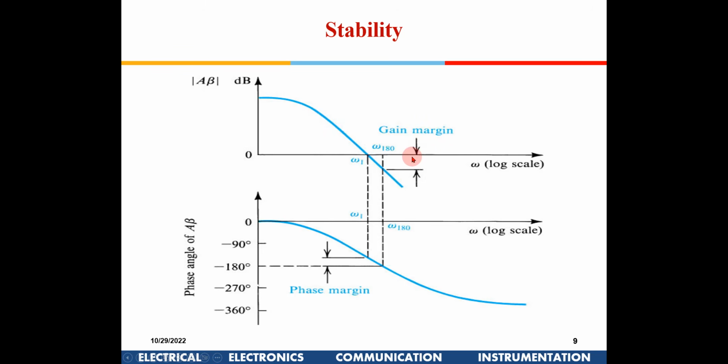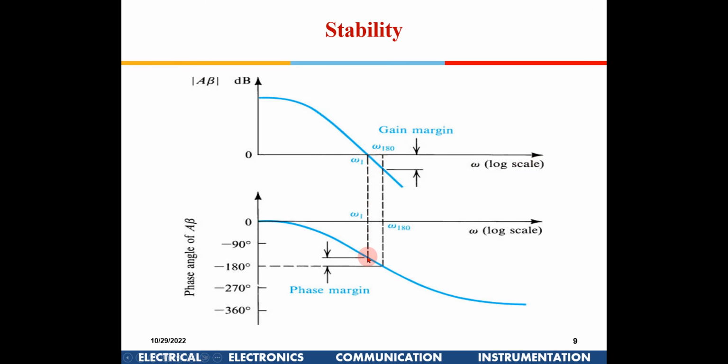Now there are 2 more figures of merit of a circuit. One is known as the gain margin. This is A beta, that means the total loop gain. When the total loop gain reaches 0, what is the phase then?